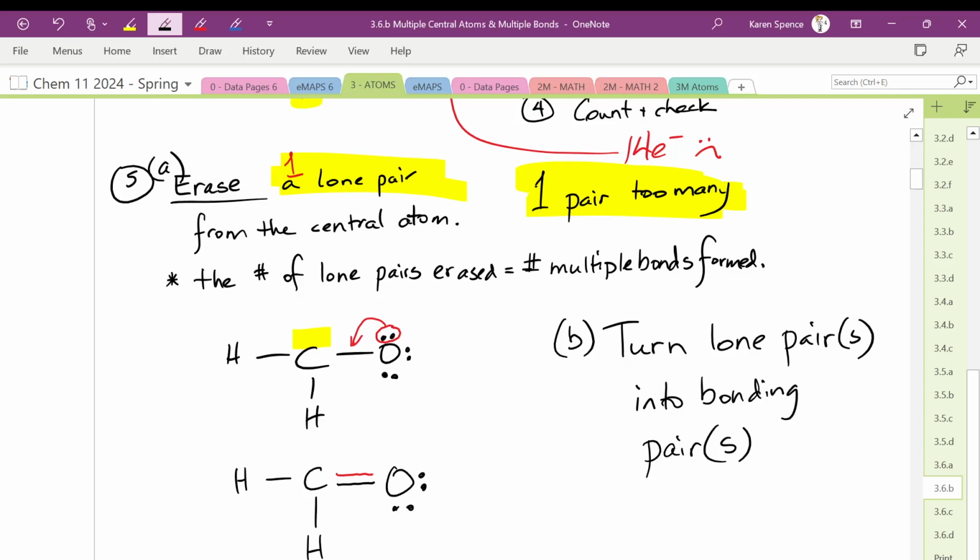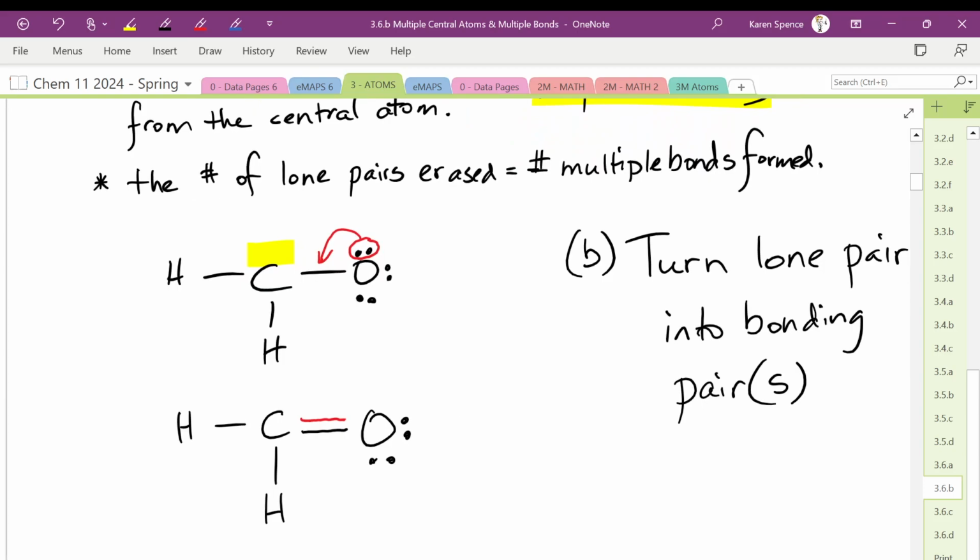And now we're going to count and check again. Tell your partner, how many electrons in this structure? 12. 2, 4, 6, 8, 10, 12. How many did we want? 12.